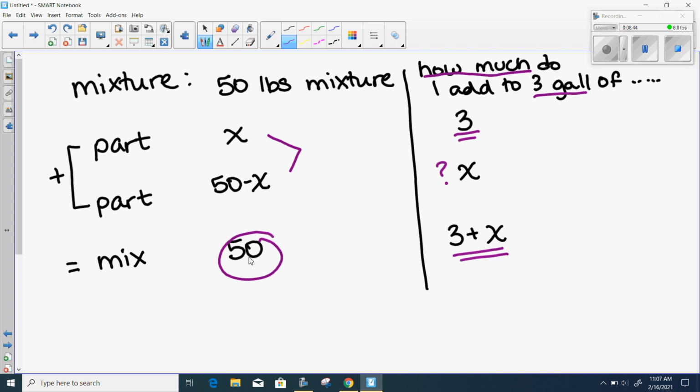In either case, this is the sum of these two parts. Two of these three pieces will have x's in them. One piece out of those three will have a number value. Every problem is a little bit different, so you have to read to figure out which case you have. But it's usually one of these two situations.